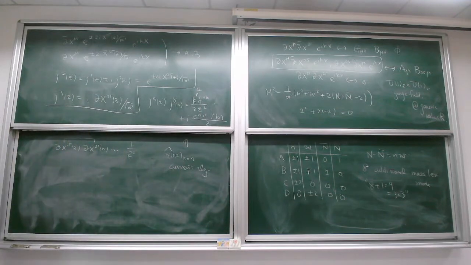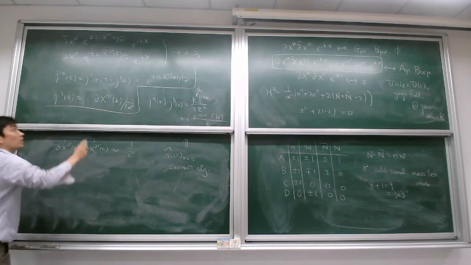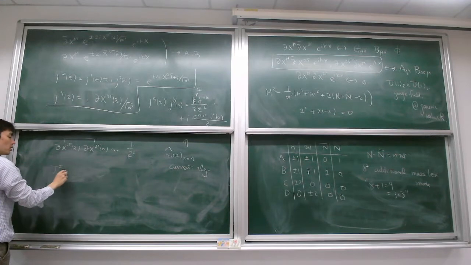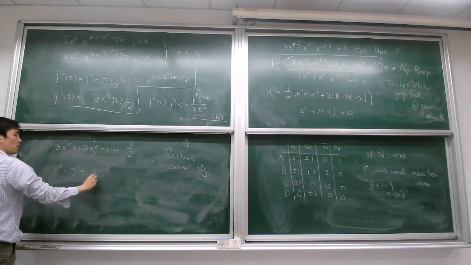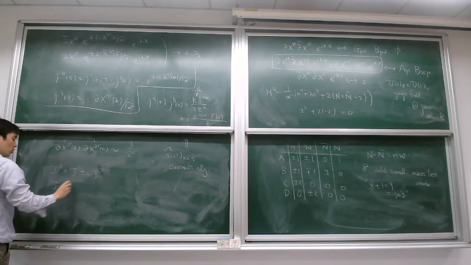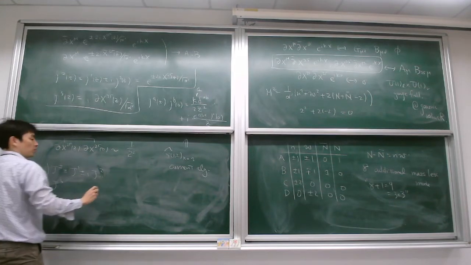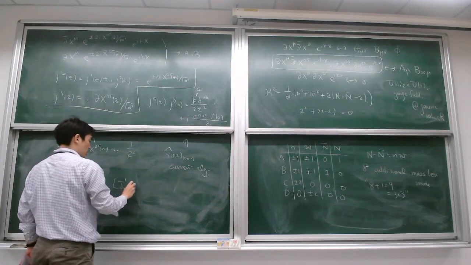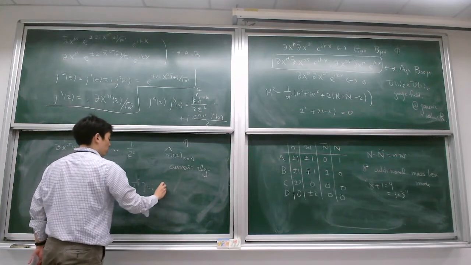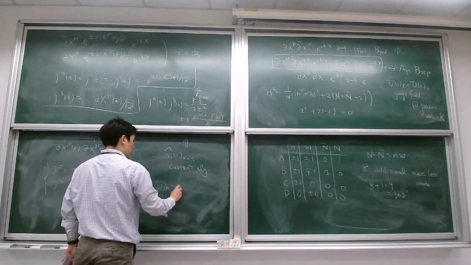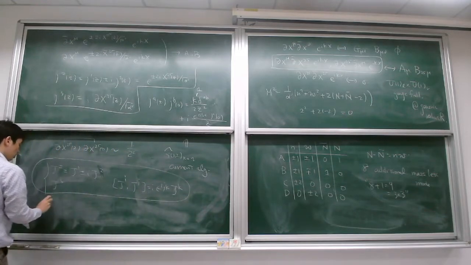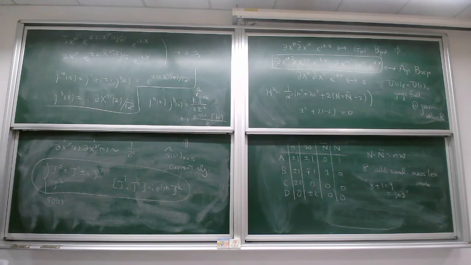And if you do the mode expansion, as you can easily see, the angular momentum J plus minus is given by J1 plus minus i J2, and J3. So they form the angular momentum algebra, J_i J_j equals i epsilon_ijk J_k. This is the usual SU2 algebra, but now you have a current.